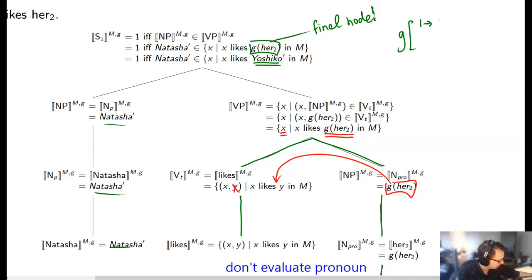This was where ones went to Jack. This is where twos went to Yoshiko. And this is where threes went to Kayla. Because twos went to Yoshiko, G of her two is Yoshiko. So this is true if Natasha is in the set of x such that x likes Yoshiko.